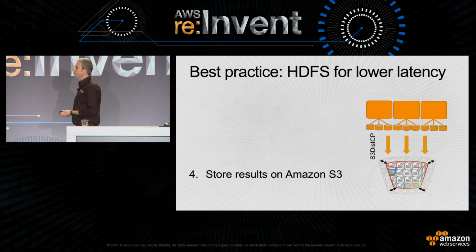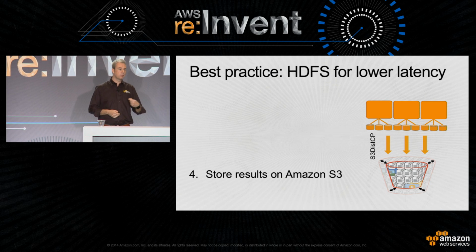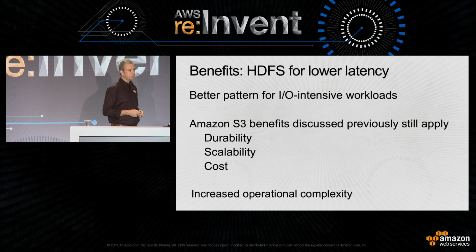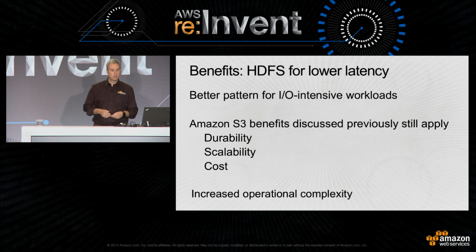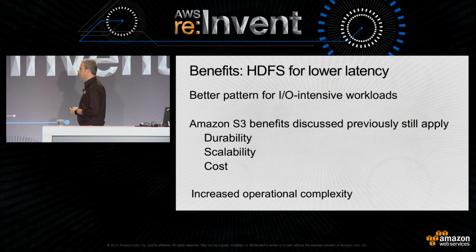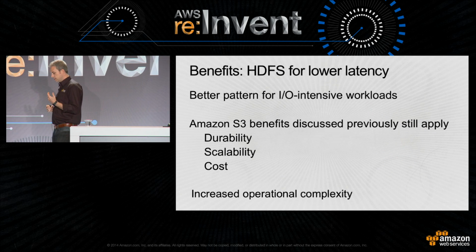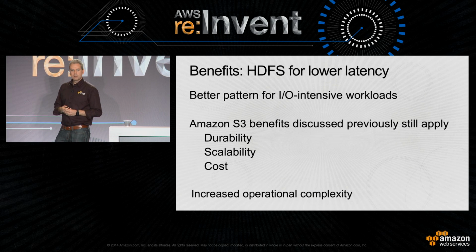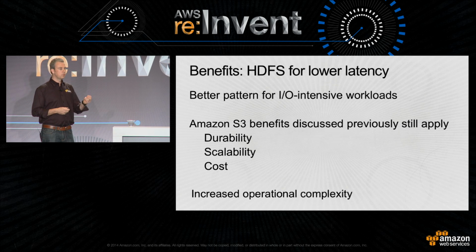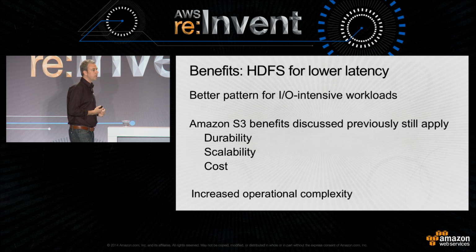Gives us a lot of really nice advantages, particularly for I/O-intensive workloads. But again, we get the system of record on S3, so we kind of get the best of both worlds at the cost of increased operational complexity.